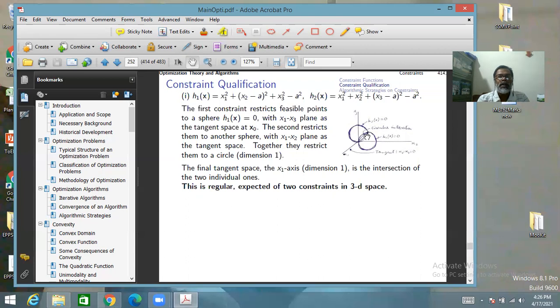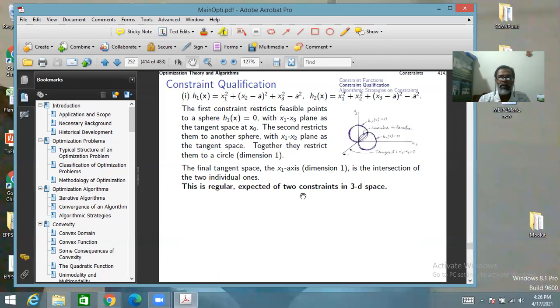Okay. So there will be a circular intersection between the two spheres, and that circle is a one-dimensional curve. And this is all regular stuff. That is, as we discussed, this is a surface and this is a surface, and the intersection is a curve, the tangent of which is a line, which is along the x1 axis. This is how you would expect the situation to unfold.